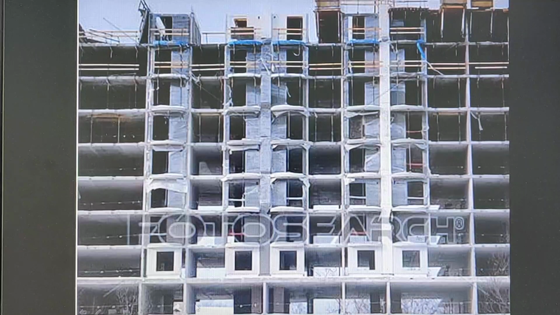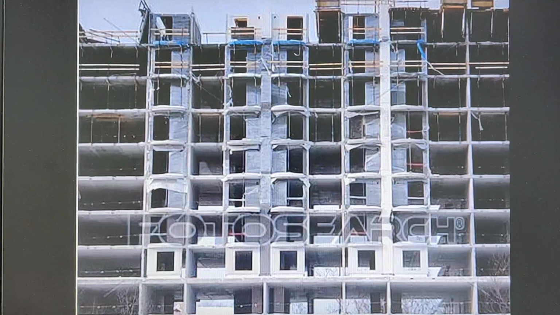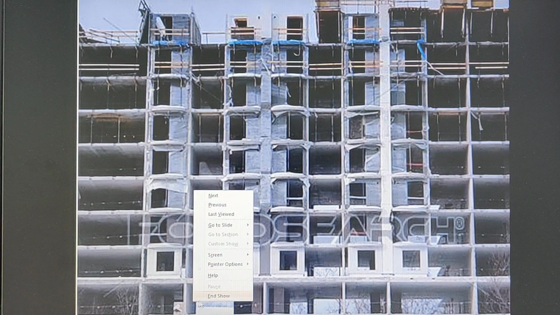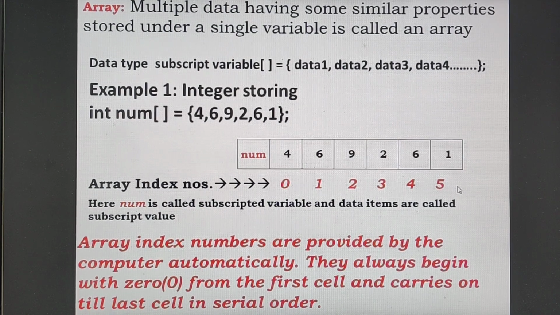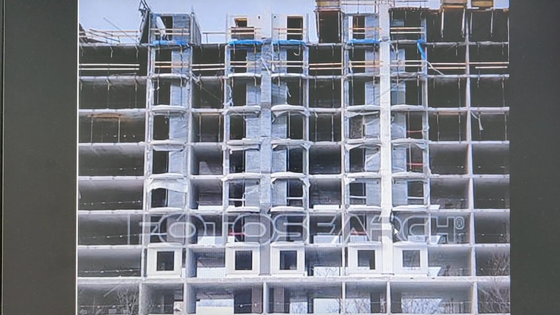He is considering the ground as floor 0. Many lift buildings you must have seen. So from the computer's point of view, this number 0 is your ground floor, your first index, and it may go on till 5. If there are more numbers, it will go on to 6, 7, 8, 9, 10, and so on.